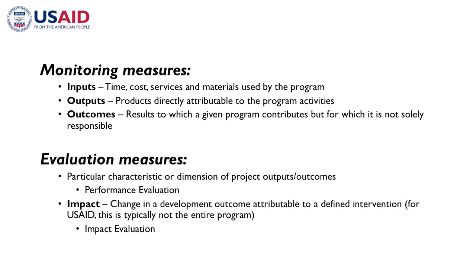Evaluation, on the other hand, is responsible for measuring a particular characteristic or a dimension of the project outputs and outcomes. That type of evaluation is what USAID calls a performance evaluation. Evaluation can also measure the change in a development outcome that is attributable to a specific project or even a specific activity within a project. And that is what USAID calls an impact evaluation.